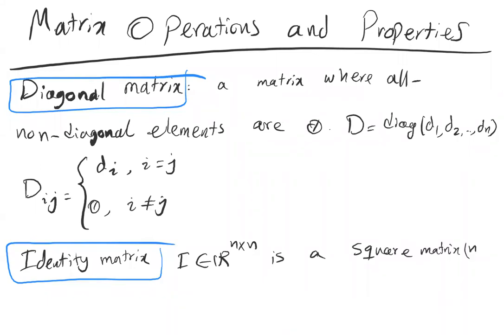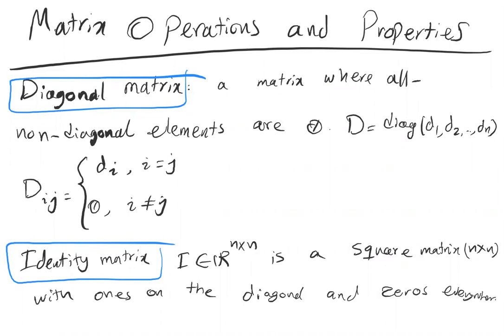A square matrix means it's n by n, with ones on the diagonal and zeros everywhere else. If you want to show the identity matrix as a diagonal matrix, it's I is equal to diag(1, 1, ..., 1).